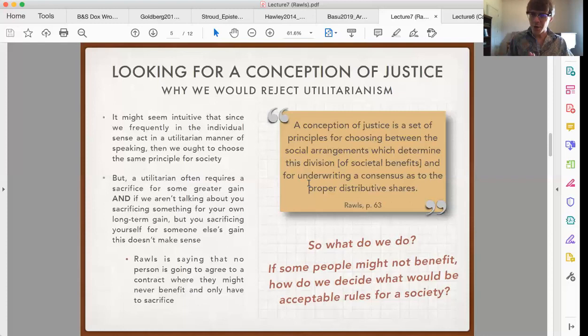Who would knowingly consent to a contract in which they get no benefit and die? Nobody's going to do that. So Rawls wants to say that we need social structures that we could, or would, in principle consent to. And given that we would not want to agree to utilitarian social structures, we need different kinds of social structures, right?